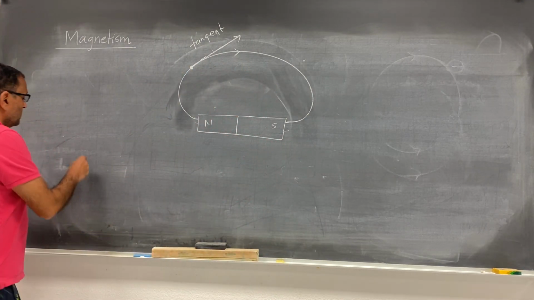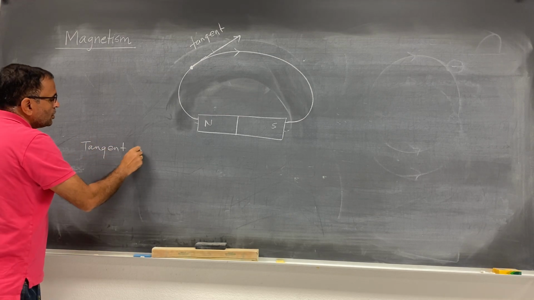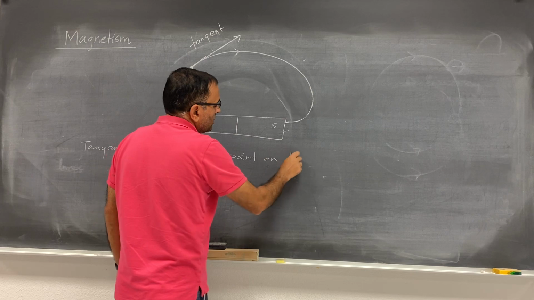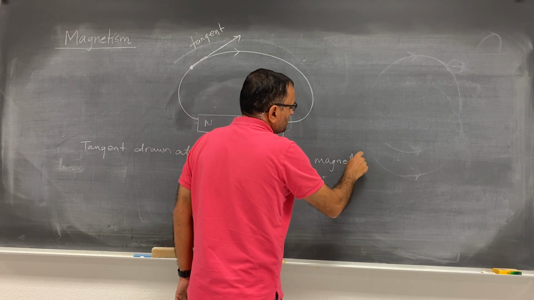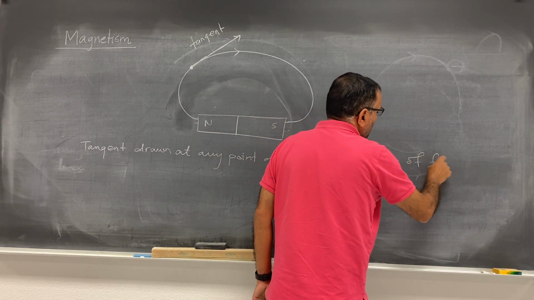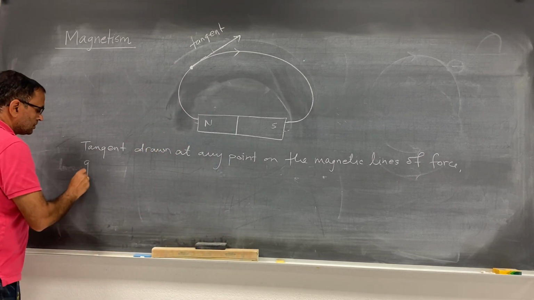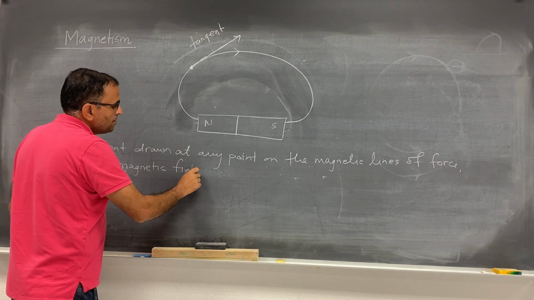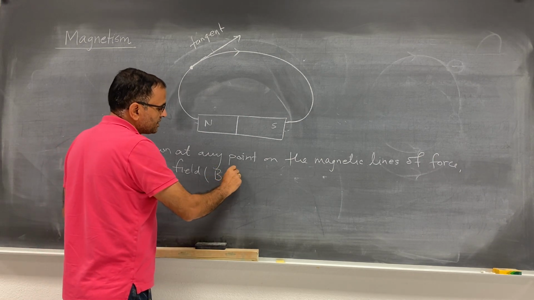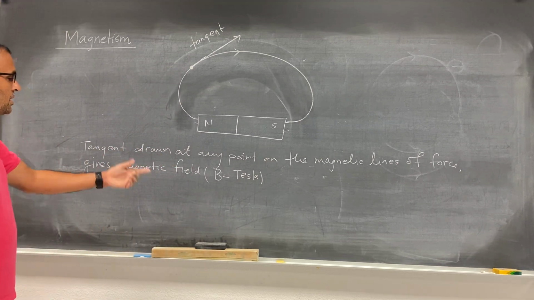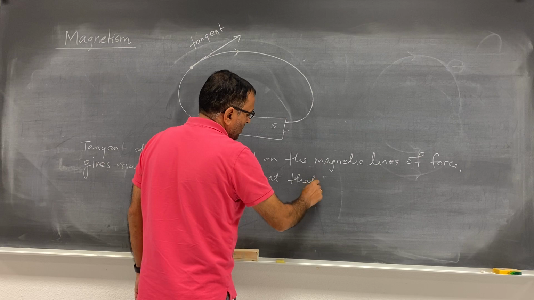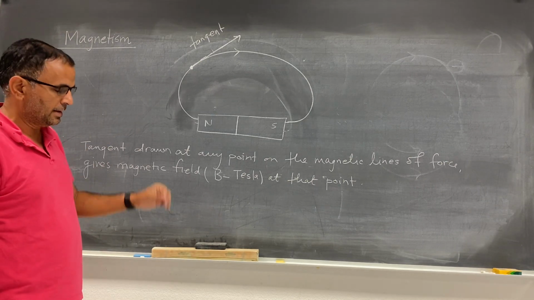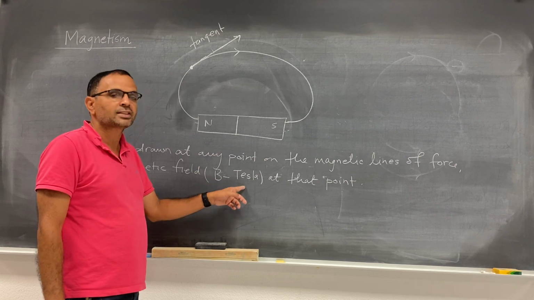So the tangent drawn at any point on the magnetic line of force gives the magnetic field at that point. Simply, the magnetic field is denoted by uppercase B, and the SI unit is Tesla.